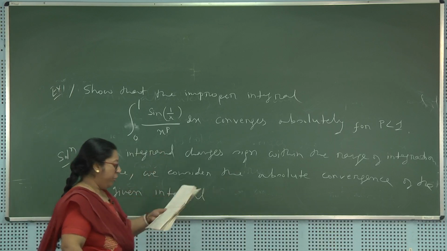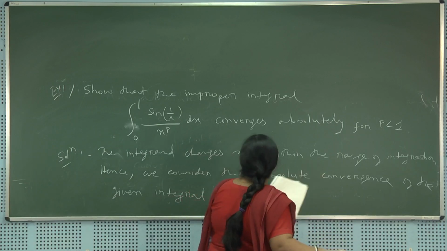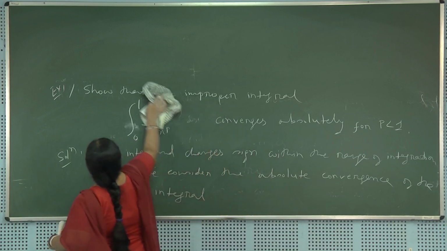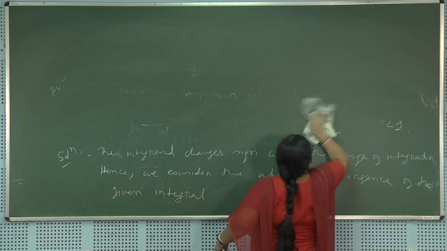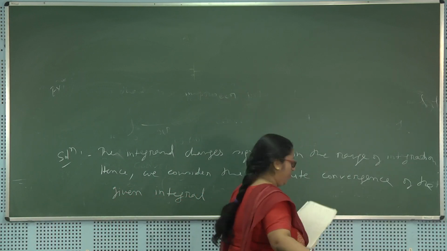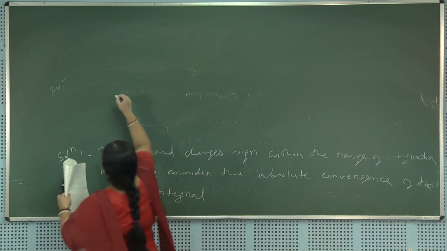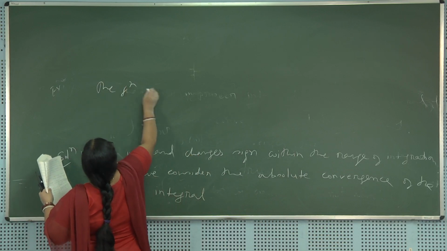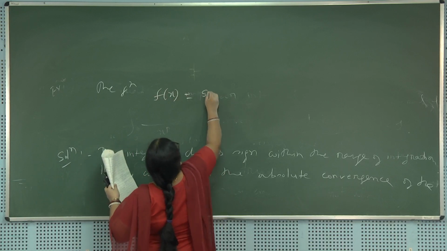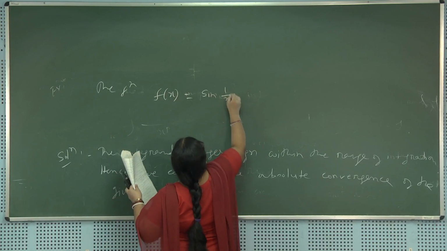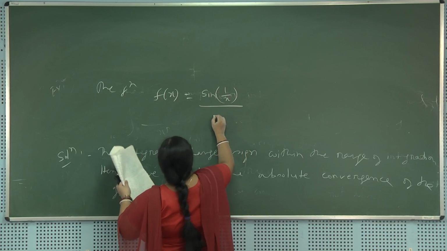What will happen if we consider the function f(x) equal to sine of 1 upon x, upon x to the power p.